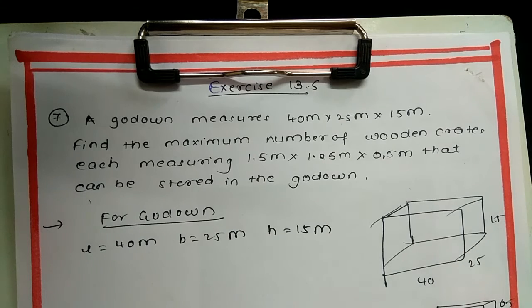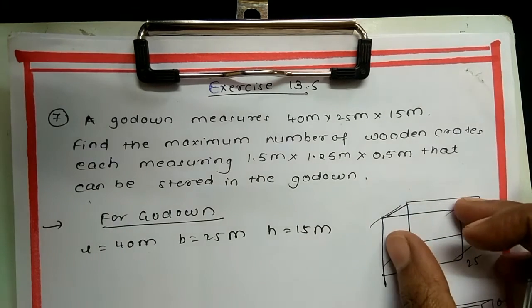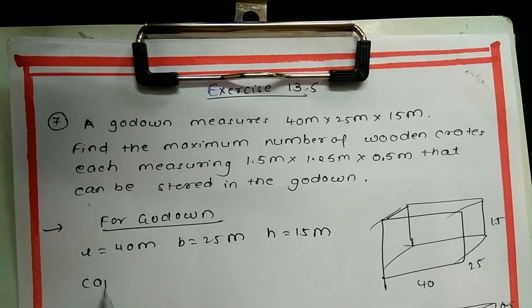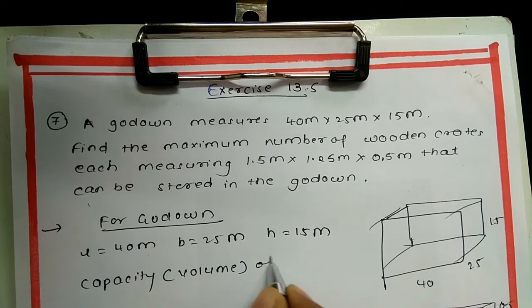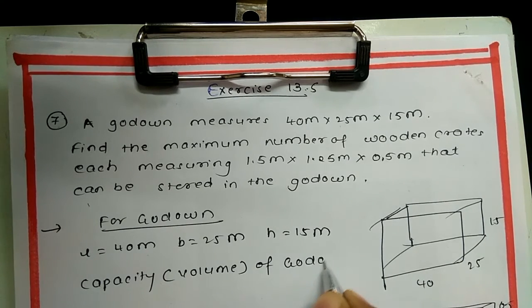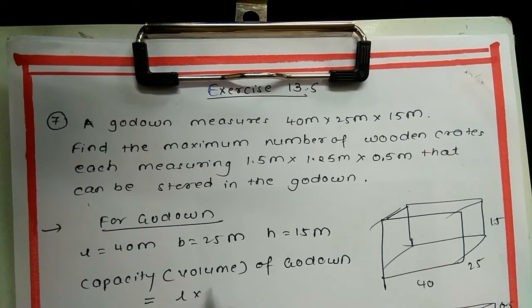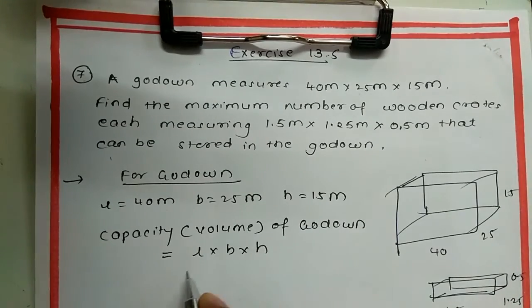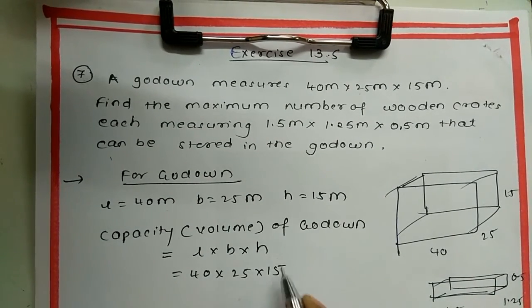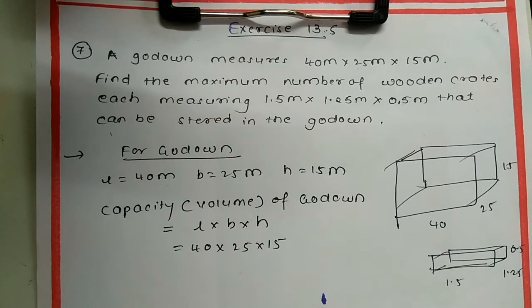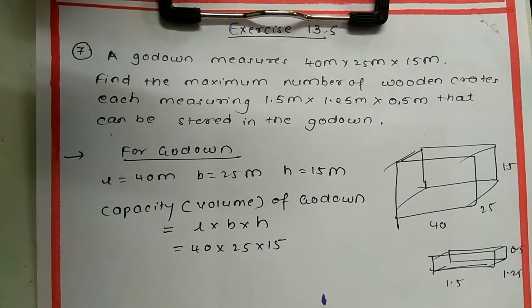Capacity is nothing but how much matter it can hold. So capacity, or you can say volume, of the godown is L into B into H. So this is 40 into 25 into height 15.